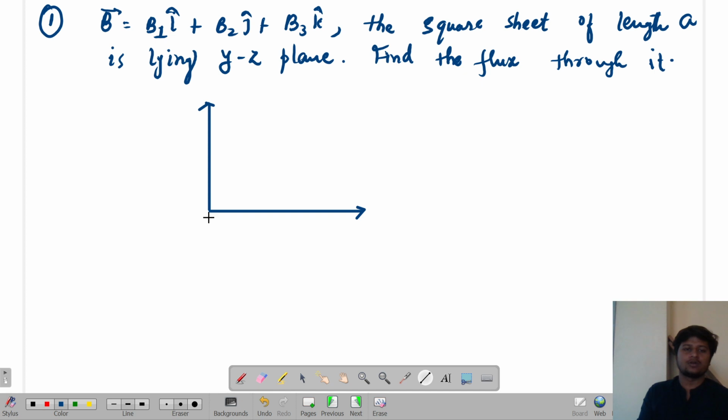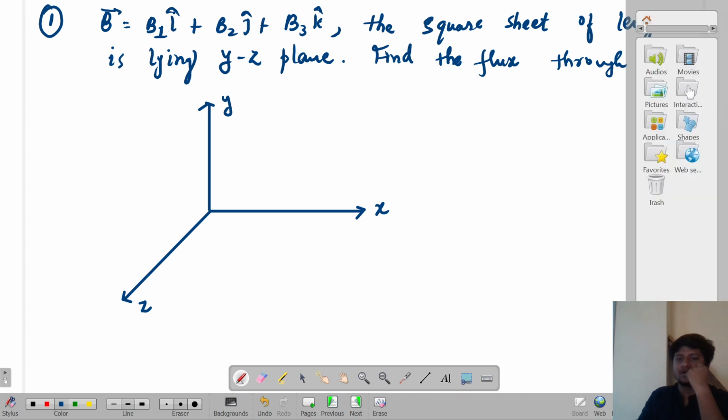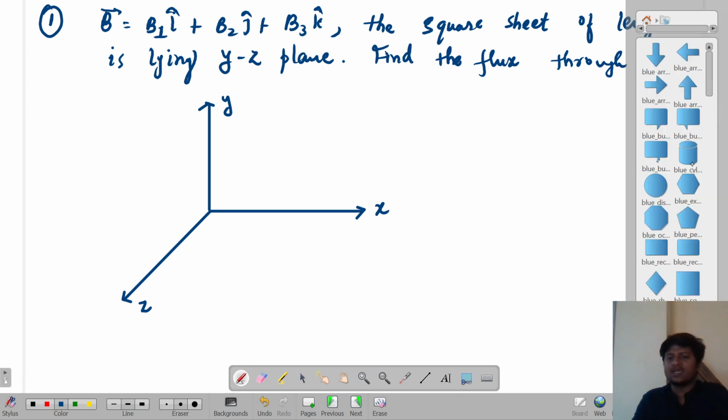Chandru, how can it be 0? This is not a closed loop. What I told, rectangular sheet and plane sheet are not examples of closed loops. They are open kinds of surfaces. X, Y, Z. Yes or no? Do it fast. Tell me the answer.